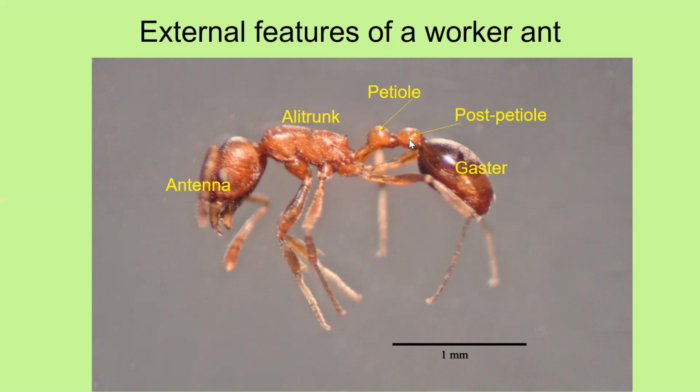In many ants, you might not find a post petiole. Instead, you might find the petiole only, and in that case, the gaster is attached to the petiole. The gaster is attached to the petiole when the post petiole is not present.